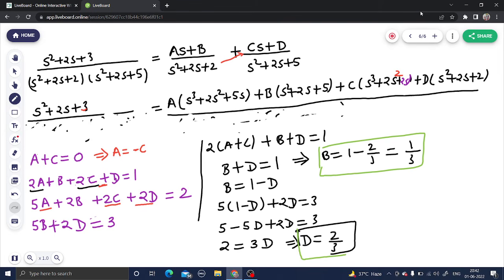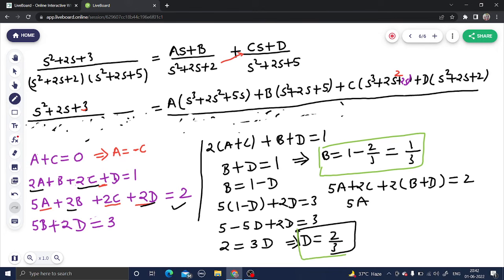So b and d values we have got, and again I am coming to the third equation now. In the third equation, in the first and the last term, if I take 2 common, I will get 5a plus 2c, and 2 common, b plus d equals to 2. B plus d is 1, so this will become 2.